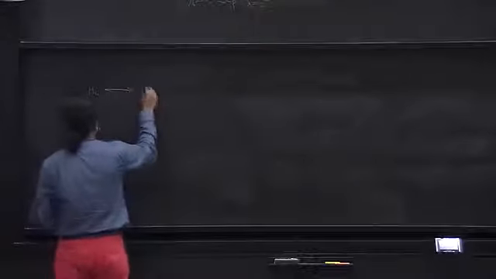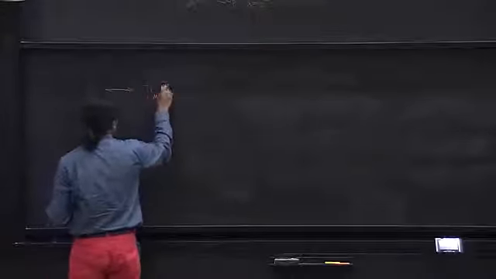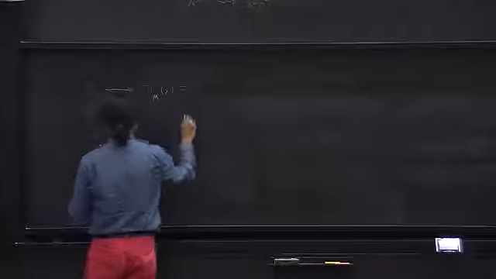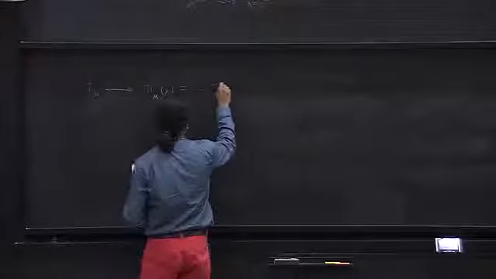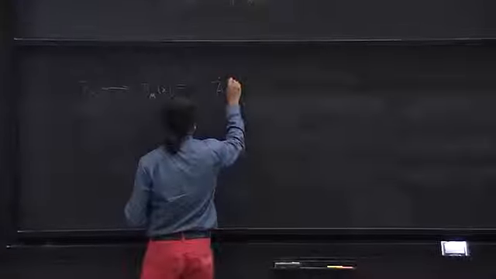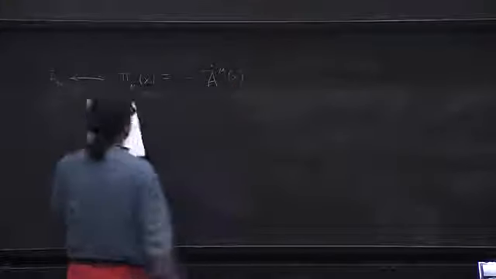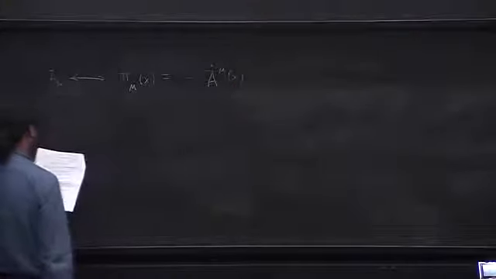So what is the conjugate of A mu? The conjugate, using the Lagrangian above, is this object. So this is the canonically conjugate momentum.